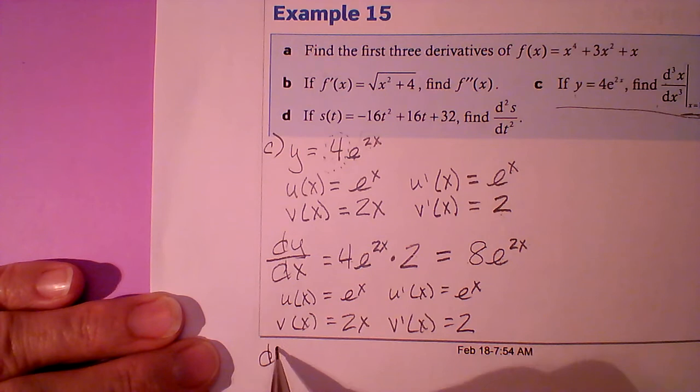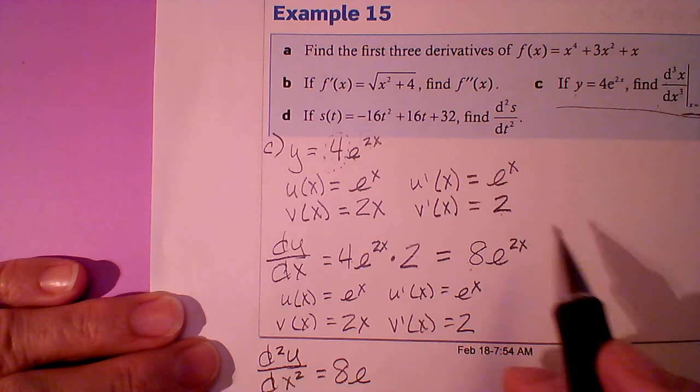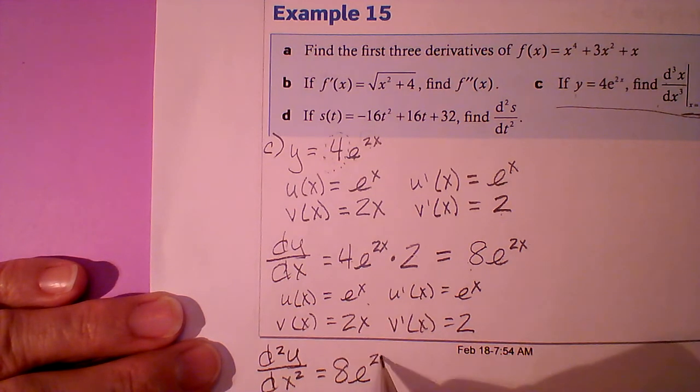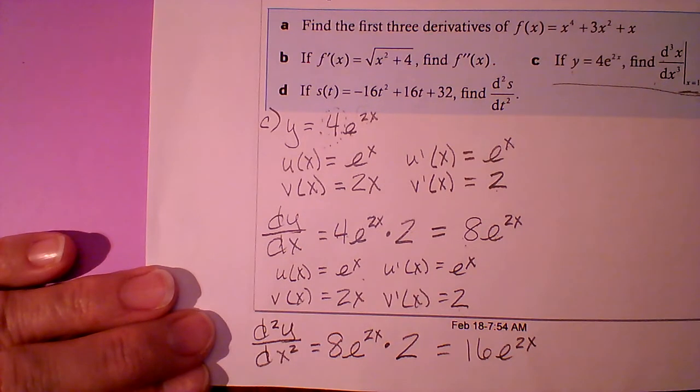So d squared y over dx squared equals, now my constant this time is 8, so the constant stays there. e to the x, but I replace my inner function, 2x, times the derivative of v, 2. So now I've got 16 e to the 2x.